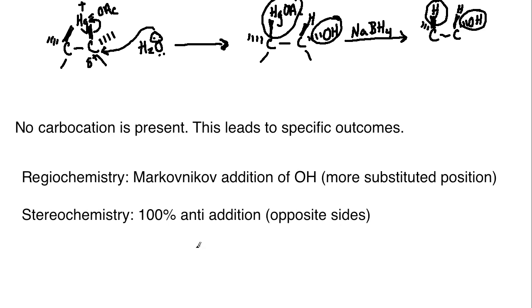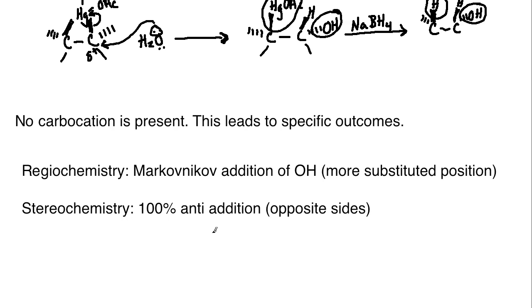So what that means is the more substituted position, if we're talking about primary, secondary, tertiary, and so on, the more substituted position will be the position that takes on that hydroxyl group. And from a stereochemistry perspective, the orientation will always be 100% anti-addition. Okay, and that is because they will always appear on opposite sides of the carbon-carbon bond, or what was originally the carbon-carbon double bond, right, has gone down to a single sigma bond at this point.